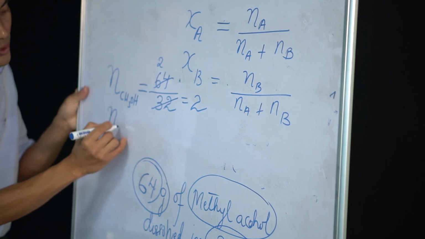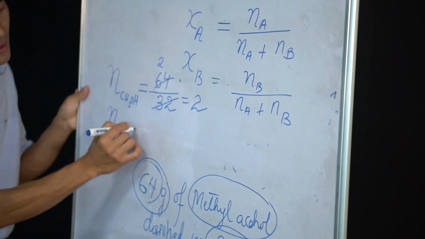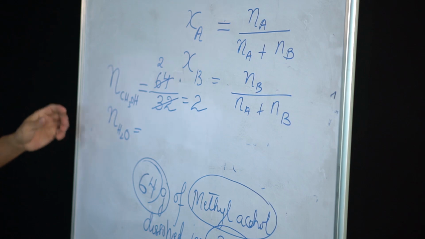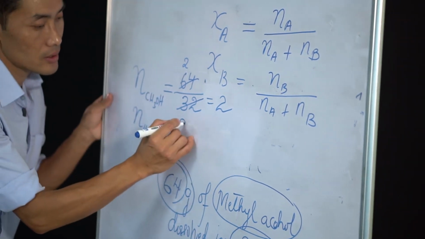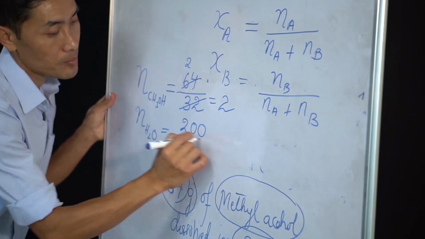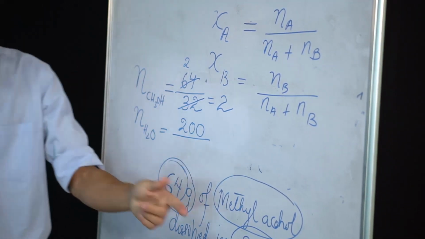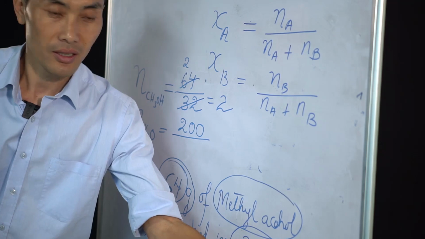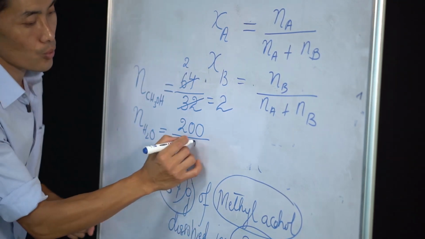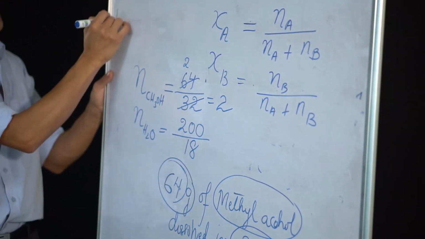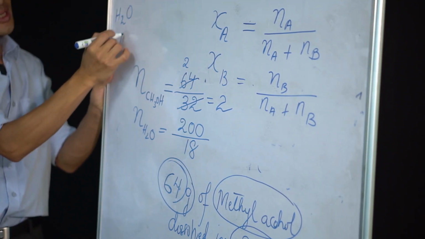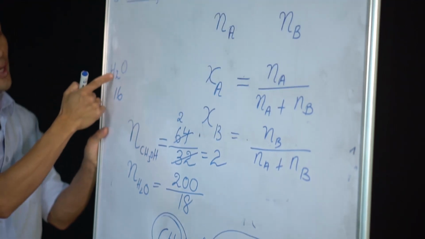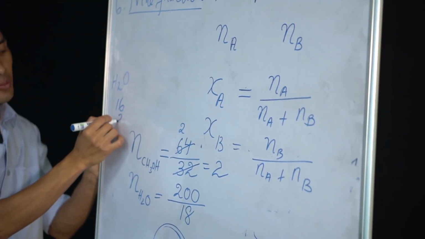Then number of moles of water. Number of moles of water will be its mass in the solution, that is 200, divided by the molecular mass, that is 18. For H2O, once again, we add up the atomic masses. Atomic mass of oxygen is 16. For 2 hydrogen atoms, the mass should be 2.